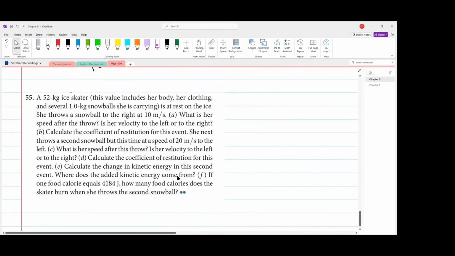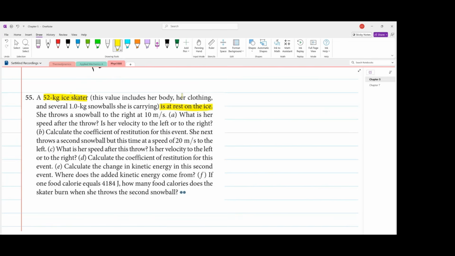It is a loaded question, okay? So let's start. A 52 kilogram ice skater. This value includes her body, her clothing, and several 1 kilogram snowballs she's carrying. So that 52 kilograms accounts for everything that she's carrying. She's at rest on ice.